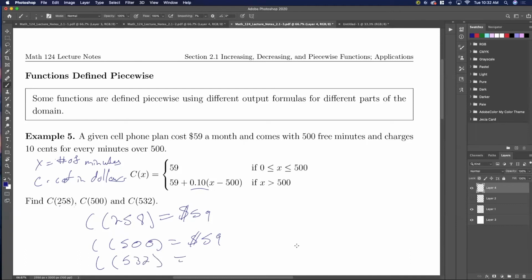Now, if I use 532 minutes, what does my plan cost at this point? Well, I'm not using the first formula anymore. I'm using this one because that's where my X lies.